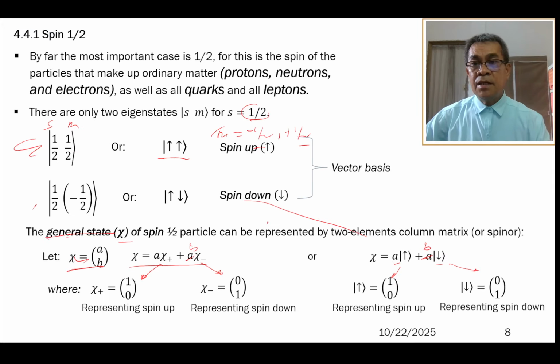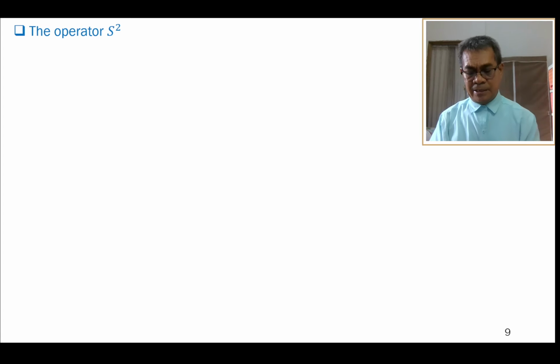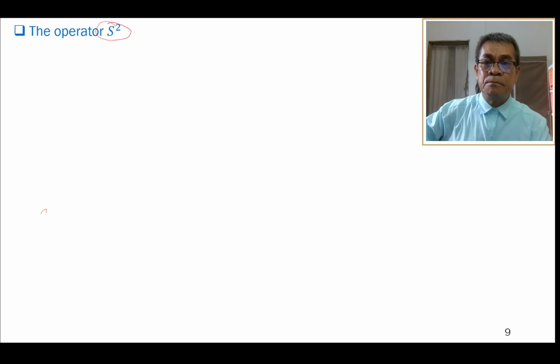Now, as I've said, spin angular momentum is just like what we did in orbital. So we are also interested in what is the operator squared. What is the value of that operator?